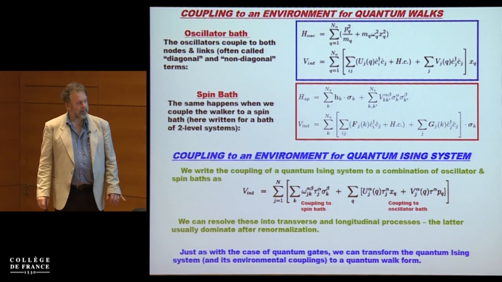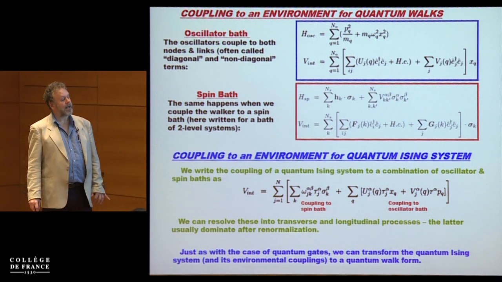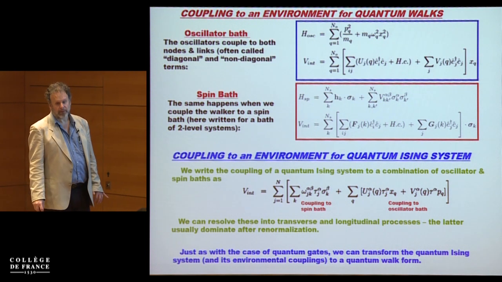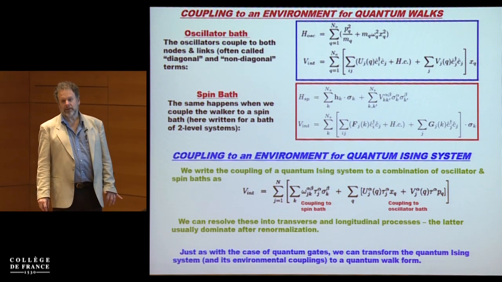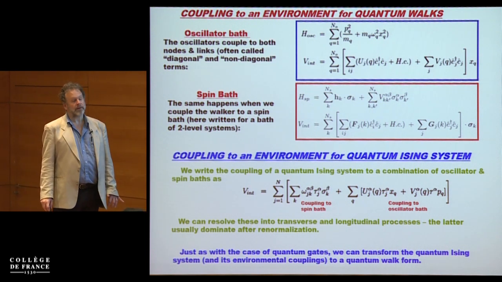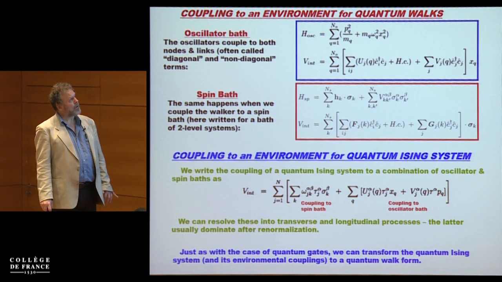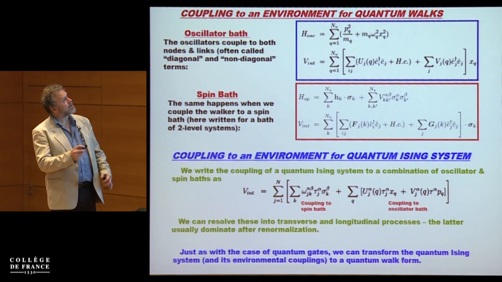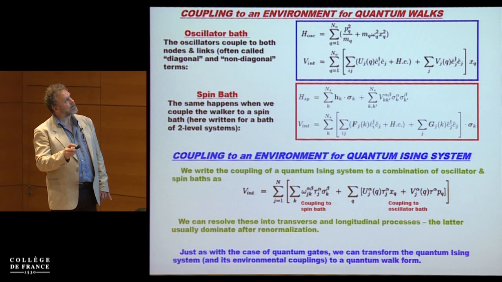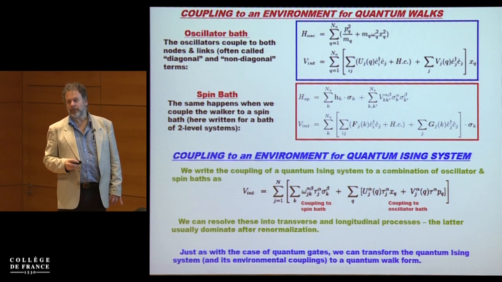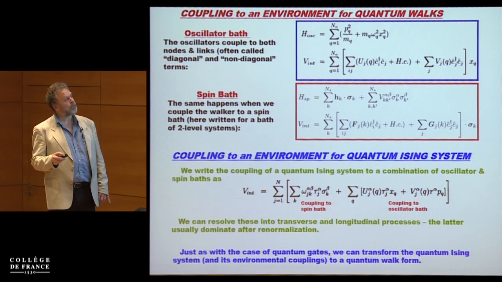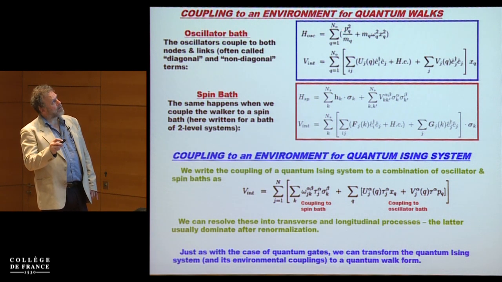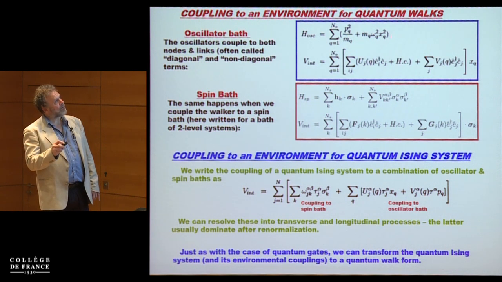So, of course, very important question is what happens when we add an environment. And as we've been discussing, there are two important environments that one deals with. One is where you couple the system, and I'm going to discuss this now for quantum walks because it's easiest to do so, but one can, of course, do the same for spins or for quantum gate networks. In one case, you couple this to a set of oscillators.